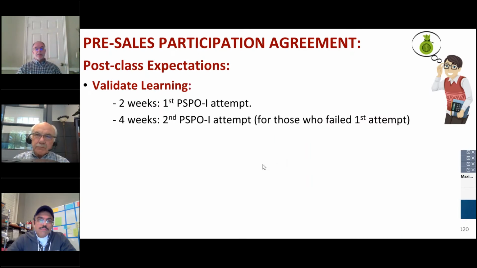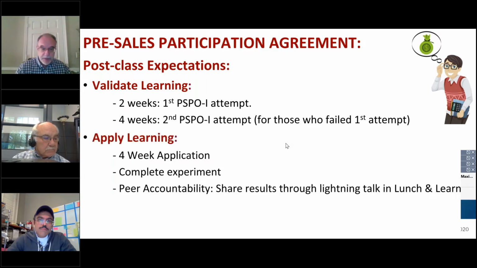So the post-class expectations, everyone agreed that within 2 weeks they would do their first PSPO1 attempt. And of course, with the Scrum.org procedures, if they do the first attempt within 2 weeks, they would get a second attempt if they failed the first attempt.